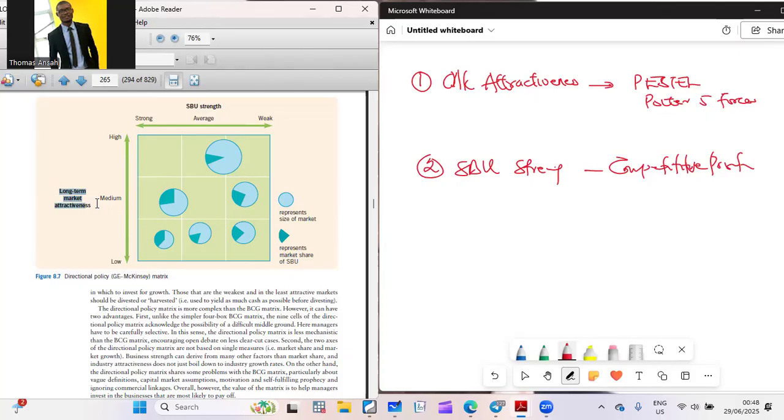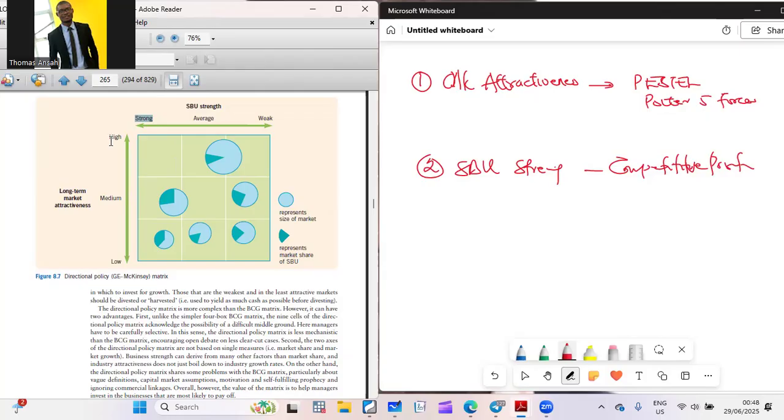You need to invest in research and development, advertising, branding and everything. So you have to grow, because you have space. The market is attractive long term, you have strong competitive advantage, you grow.